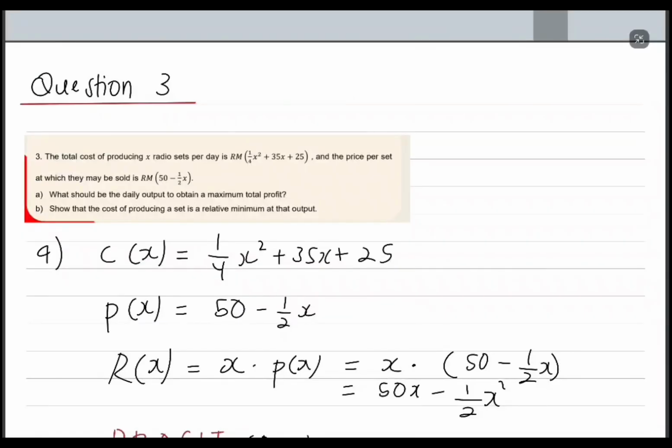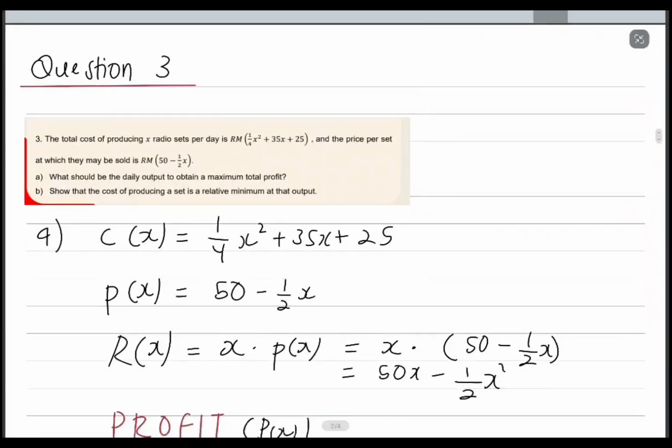Okay, so the question is the total cost of producing x television sets per day is RM, in the bracket, 1 over 4 x to the power of 2 plus 35x plus 25, and the price per set at which they may be sold is RM 50 minus 1 over 2 x. So question A asks what should be the daily output to obtain a maximum total profit.